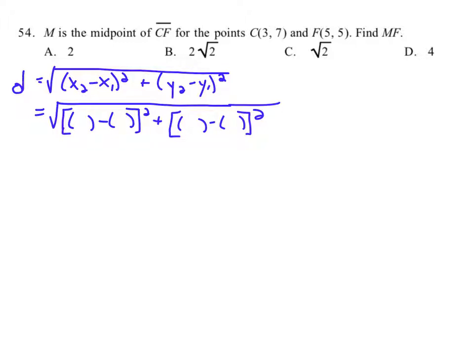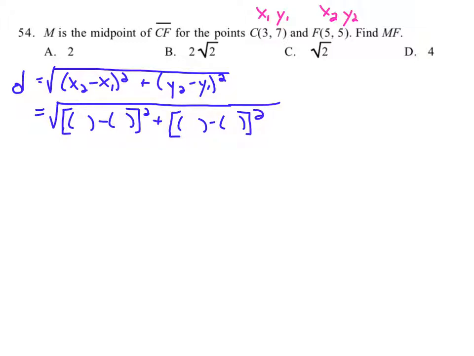Okay. Now, what do we need to do? Well, we need to identify what is x1, y1. This is x1 and y1, because we'll call that point number 1, let's say. Okay, and this is x2, y2.